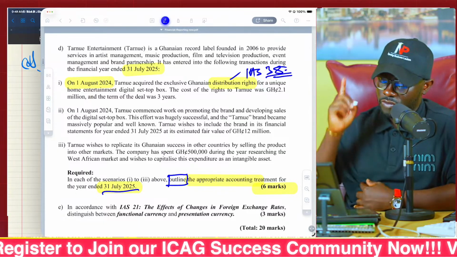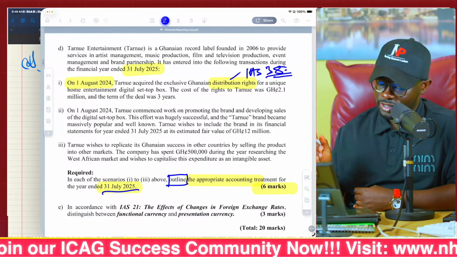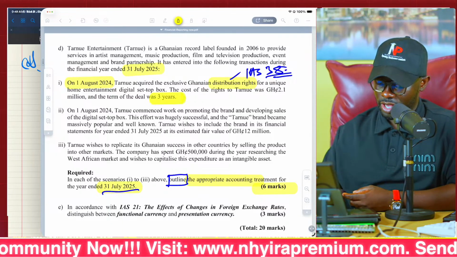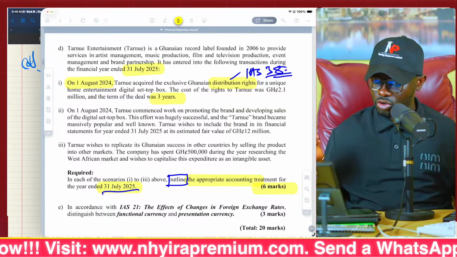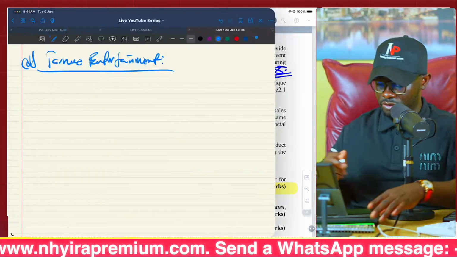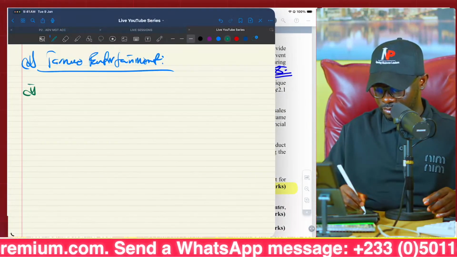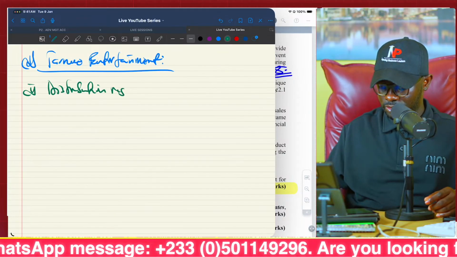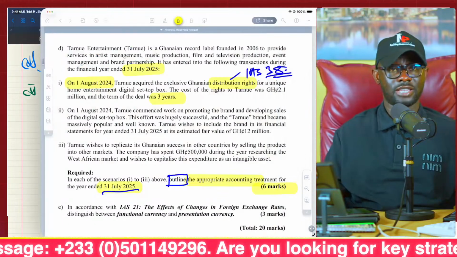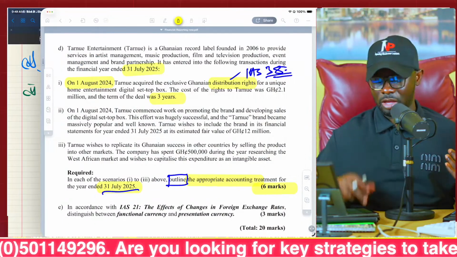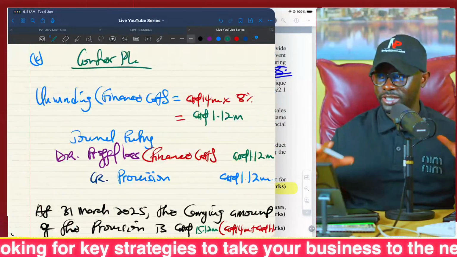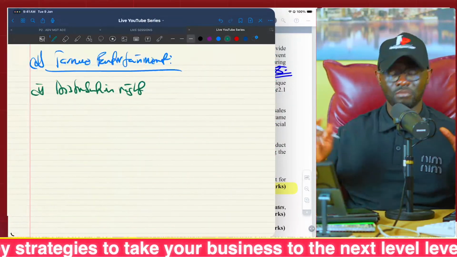The cost of the right to Tenu was 2.1 million and the term of the deal was 3 years. So acquisition of distribution right for 3 years. As per IAS 38, I'm not going to write lengthy English here because by now you are familiar with the flow, so I'm going to keep it sweet, simple, straight to the point.